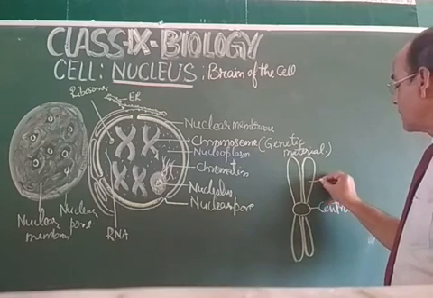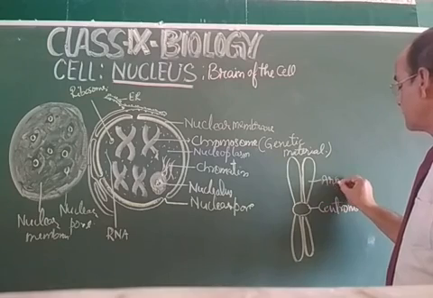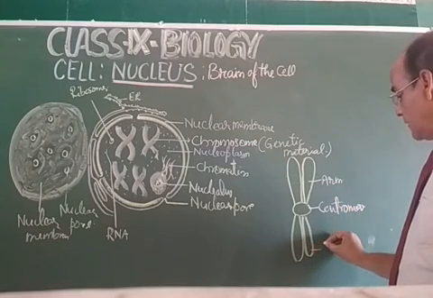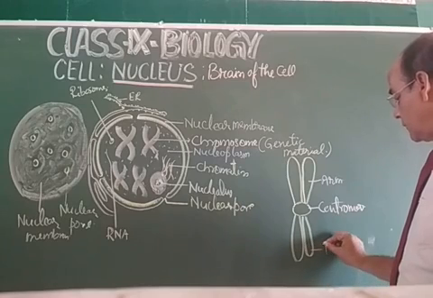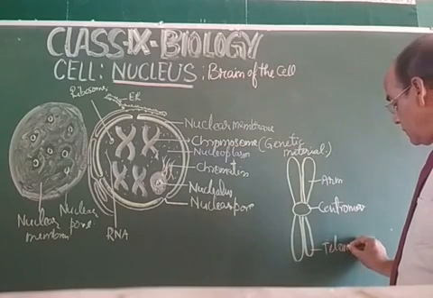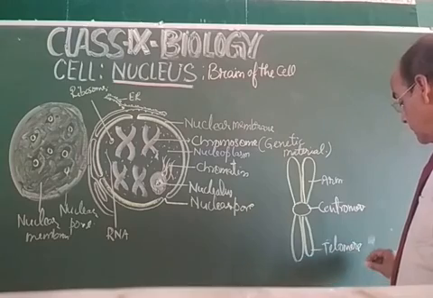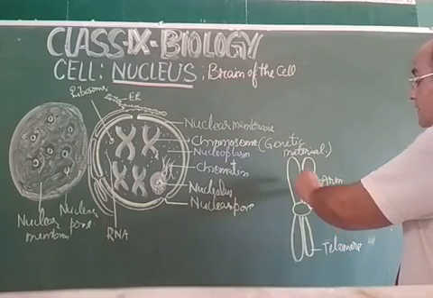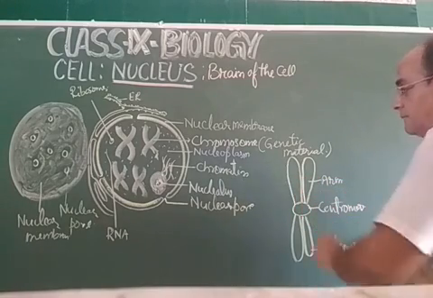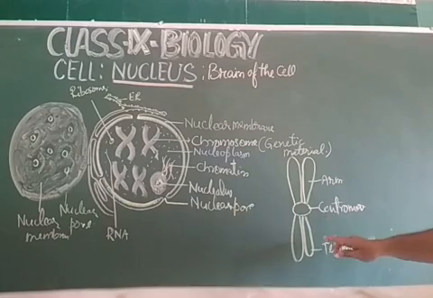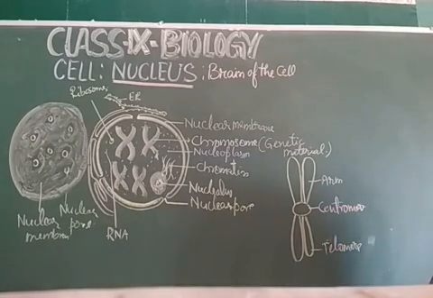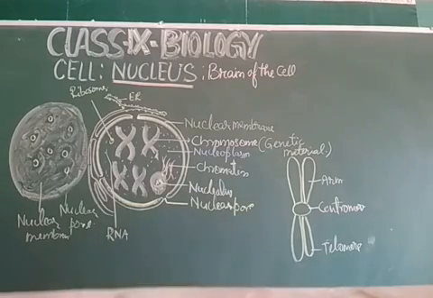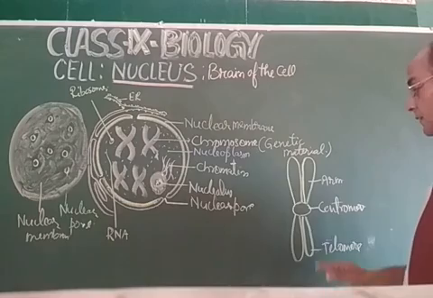This is called the arm. This is called the telomere, the end part. So student, this is the structure of the chromosome that is formed in the form of a pair. The main function is, actually, the chromosome is a bundle of DNA, which I will explain in the next video, my dear students.